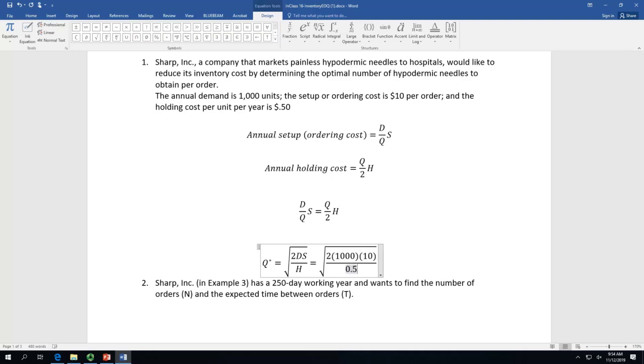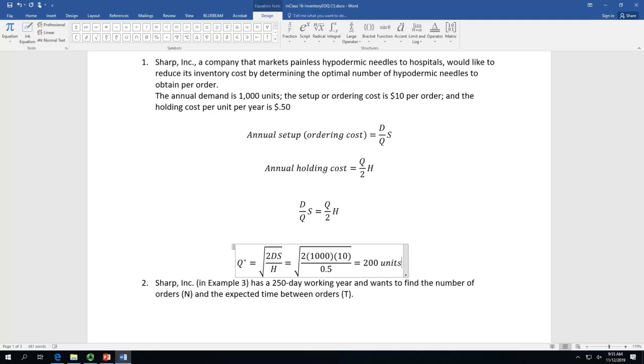If we make this calculation, on the top it is 20,000 divided by 0.5, which is 40,000, and then take the square root, which is 200 units. So the optimum ordering quantity should be 200 units.